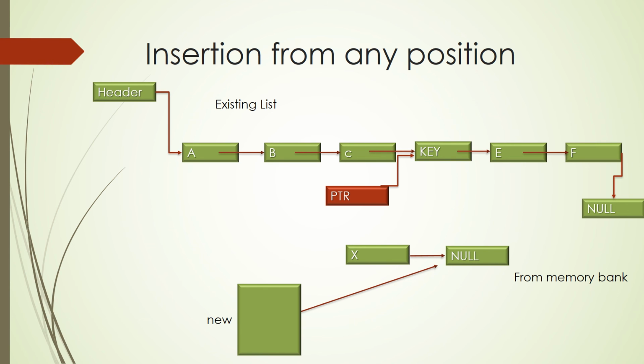First, you will be updating x, the link field of x being updated to point to E. Then you will be updating the link between key and x. Then you will be modifying the list. So that has been interchanged. Kindly make a note of this. First you will be updating the value at x, then you will be updating the value at key.